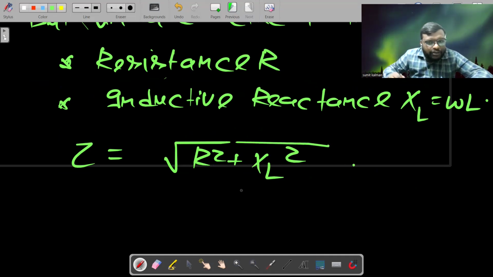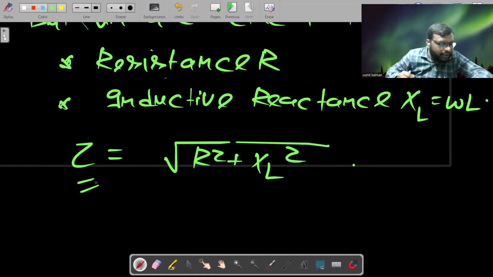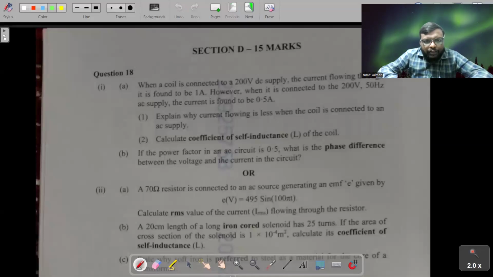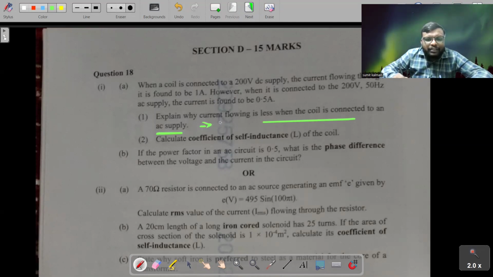So, students, because of this additional opposition due to inductance, current is less in AC. So, this was the solution of first part. They were asked, explain why current flowing is less when the coil is connected to an AC supply. So students, you have to just give the reason.